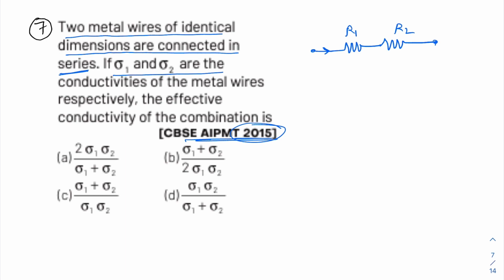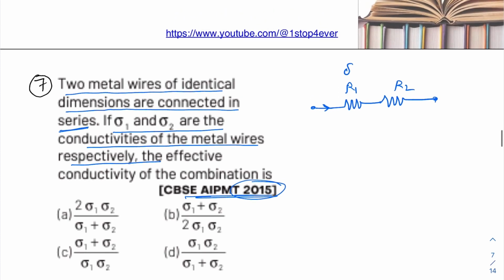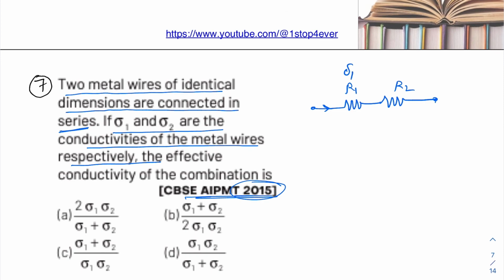Now, sigma 1 and sigma 2 are the conductivities of the material of the wires respectively. Sigma 1 is the conductivity of this one, and sigma 2 of this one. Now we need to find the effective conductivity of the combination. What is conductivity?